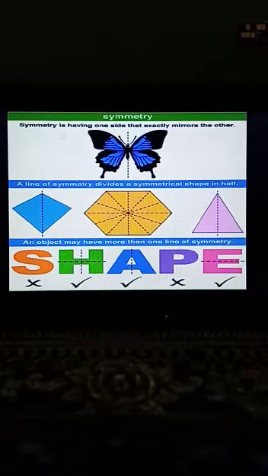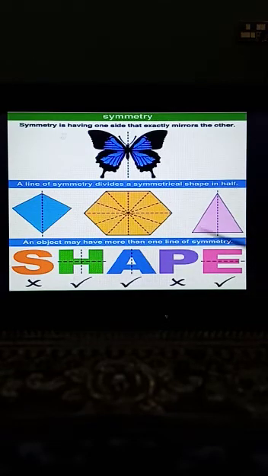In this slide, you can see some other examples of symmetry. Symmetry is having one side that exactly mirrors the other. If we observe this butterfly, when we draw the line of symmetry in its middle vertically, then we can say that the two wings are symmetrical to each other.